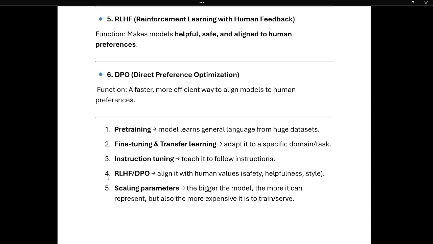With the DPO technique, it is simpler, more stable, and less resource hungry. It skips the reward model, just adjusts the weights directly based on the preferences, and gives the correct output.